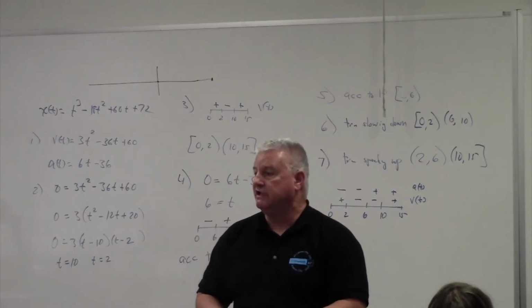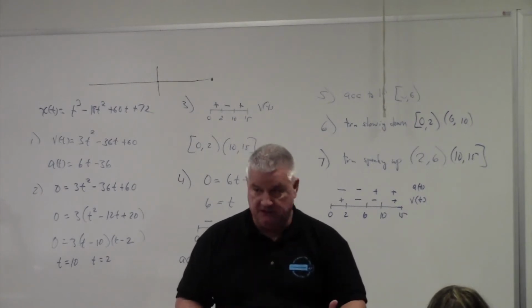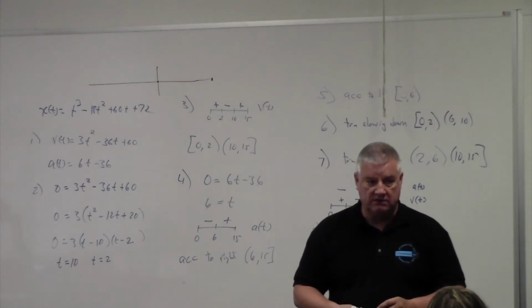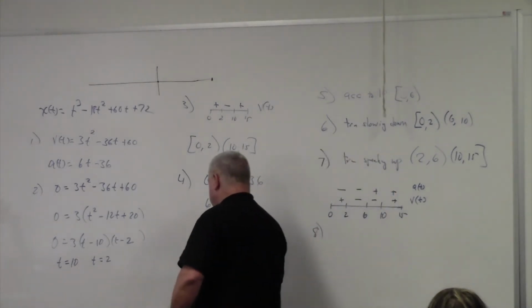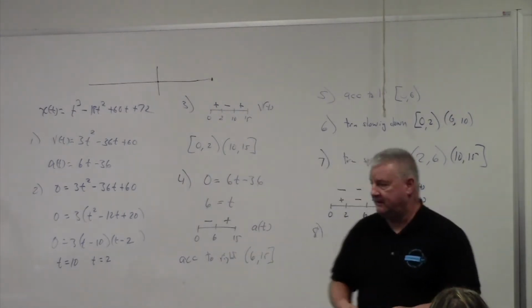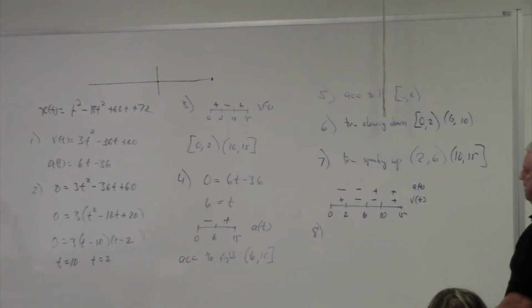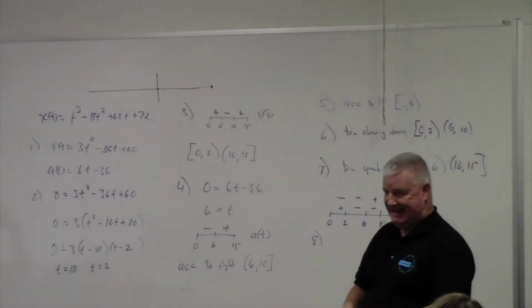No. There's another word for that. That's displacement. We want to know the total distance traveled. Okay? So I'm going to make a little chart here of all the values that we need.